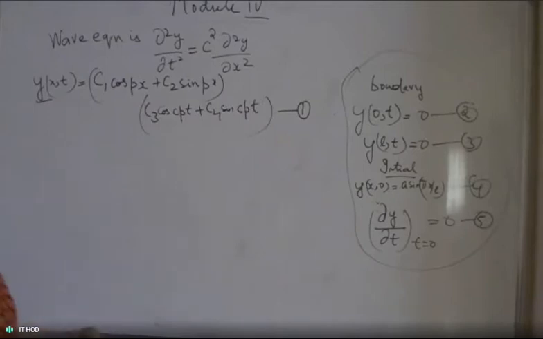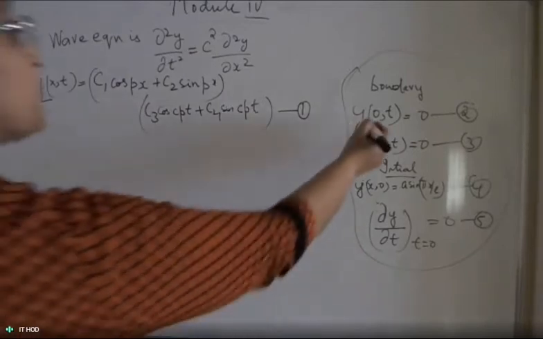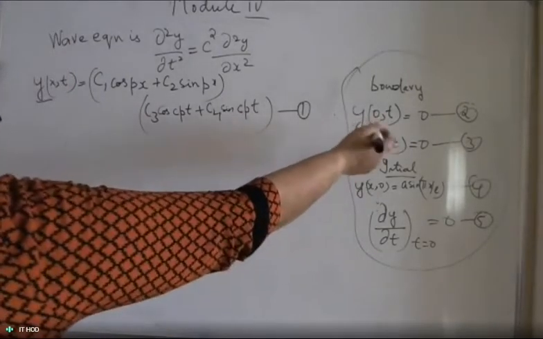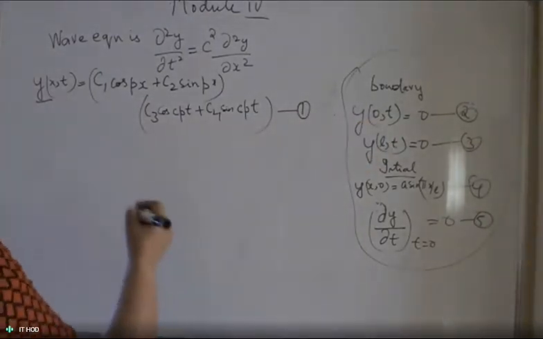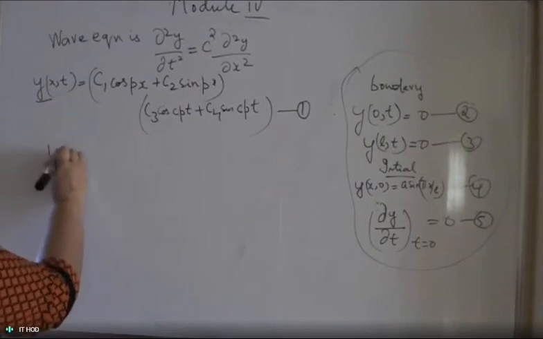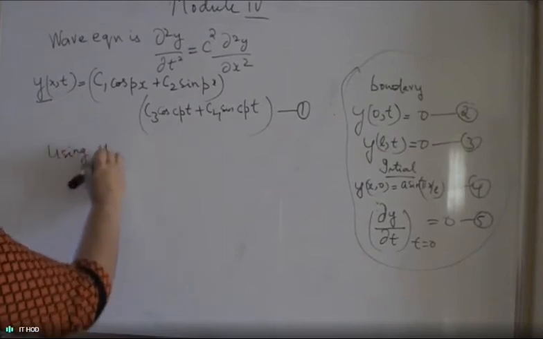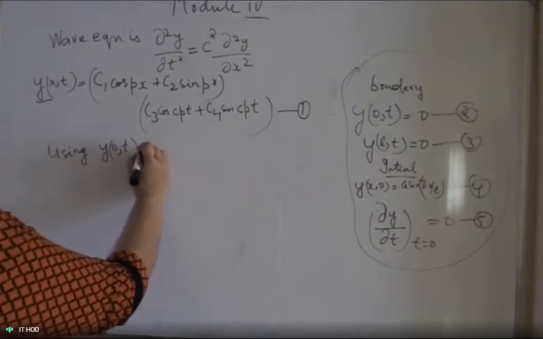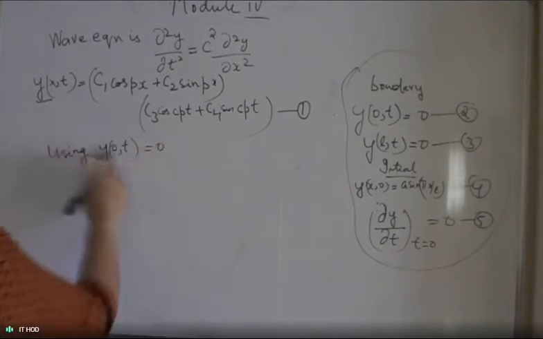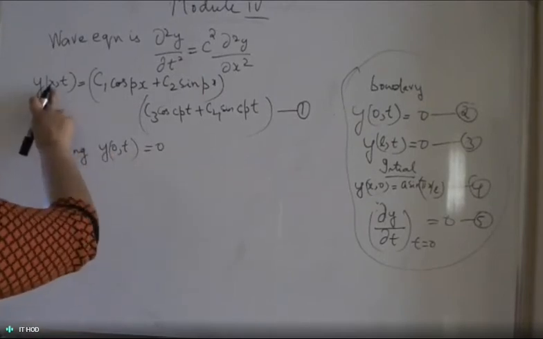So what we are going to do is start from y(0,t), the initial condition, which is equal to 0. I'm going to make x equal to 0 and put it in the solution.